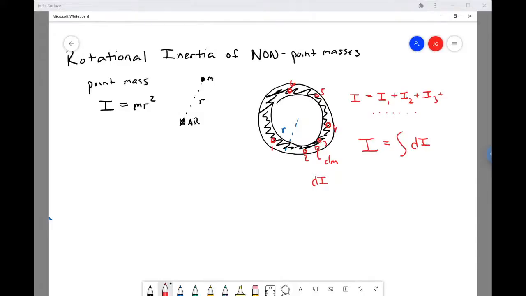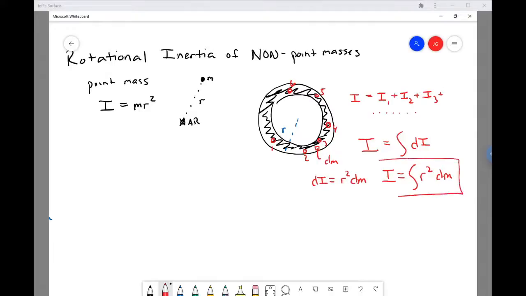Each of these tiny bits can be approximated as a point mass. So if the rotational inertia of a point mass is mr squared, the rotational inertia of one of these infinitesimally small chunks of this larger object is dm r squared, or r squared dm, put the dm last, where dm is this tiny piece of mass. And then to figure out the total rotational inertia, you just have to integrate over all of the dm, all of the tiny chunks of mass. You have to add them all up.